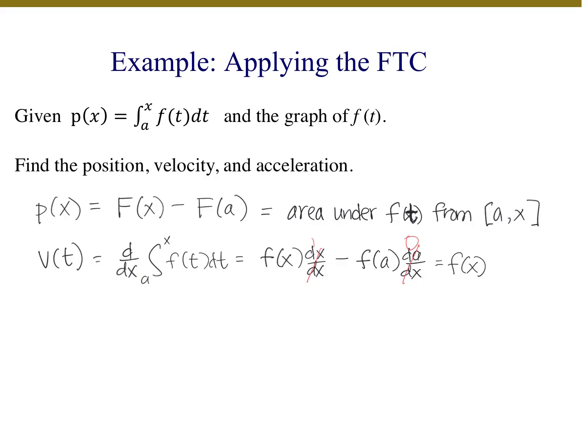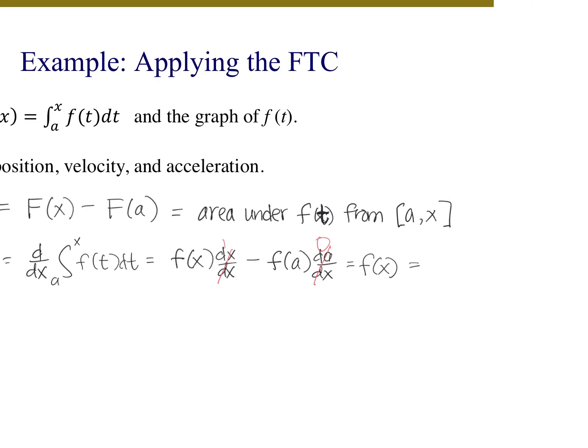So what are you looking for on the graph for velocity? Velocity is defined as f of x. So what's f of x? It's just the y value of the point. All right, so that is simply the y value on f of x.